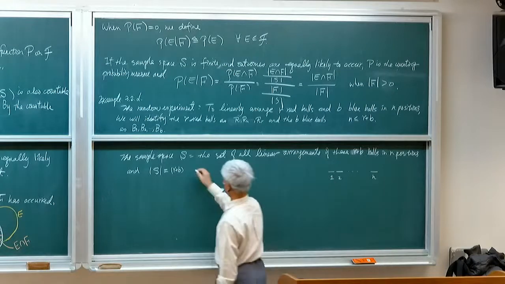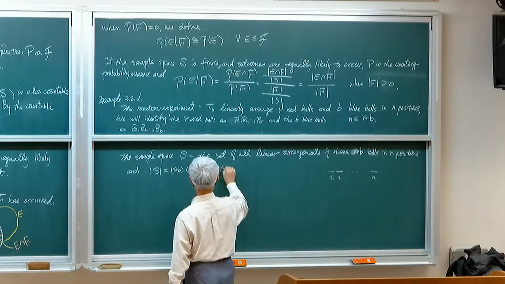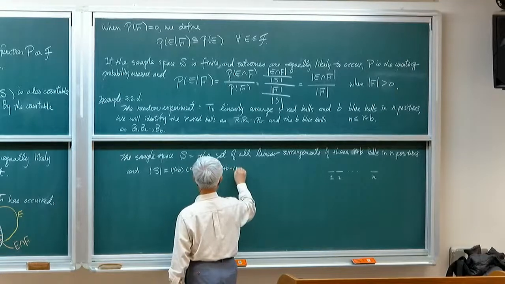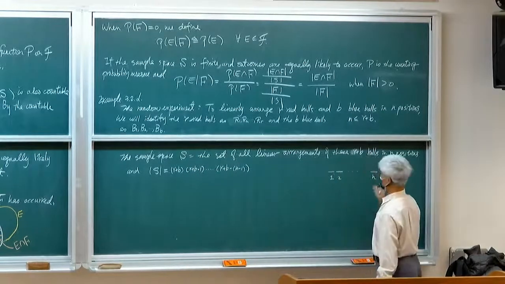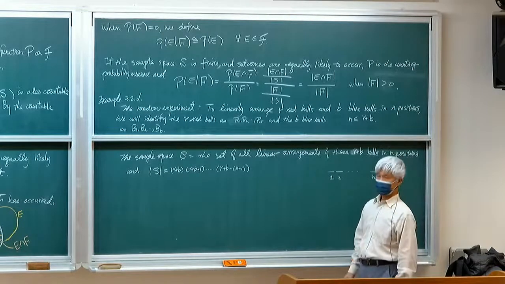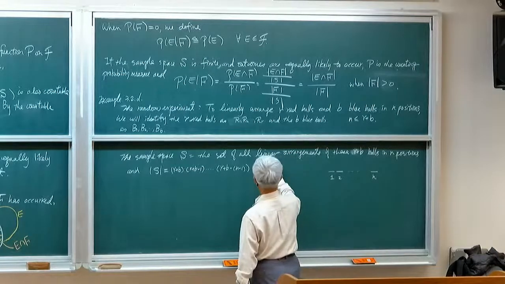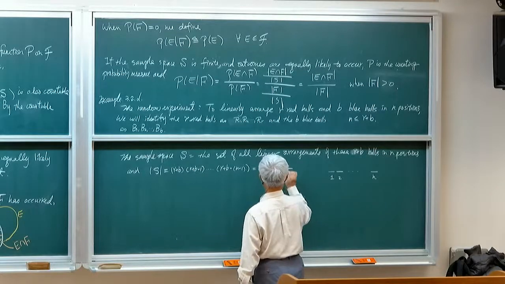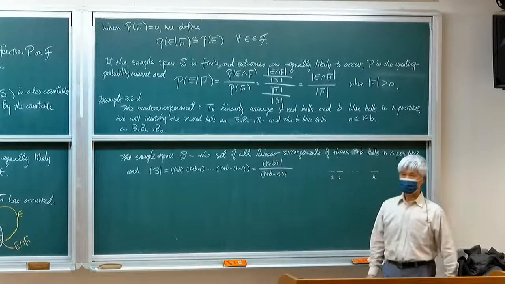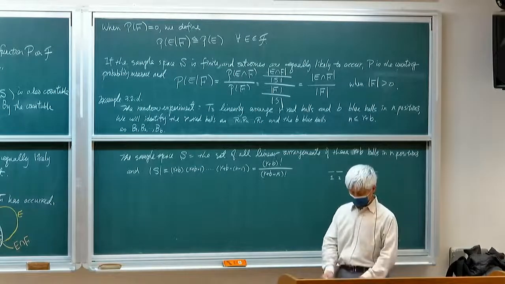And for the second position, we have R plus B minus 1, up to R plus B minus n minus 1. Okay, so that is the choice of the last position. And this is (R plus B) factorial divided by (R plus B minus n) factorial. So that is the linear arrangement.